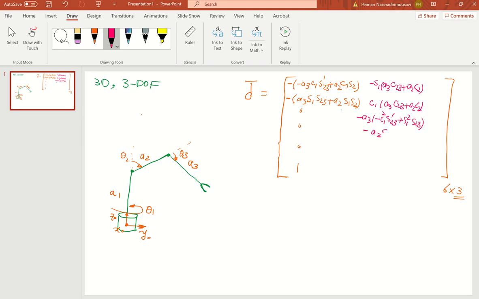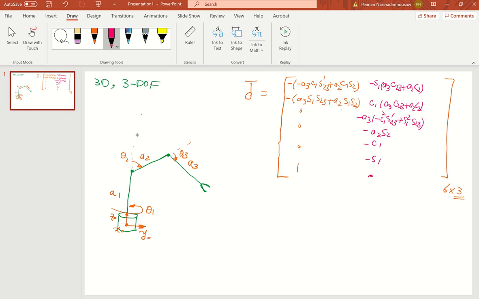The fourth line is a2 s2, and this is minus cosine 1, minus sine 1 and the 0.